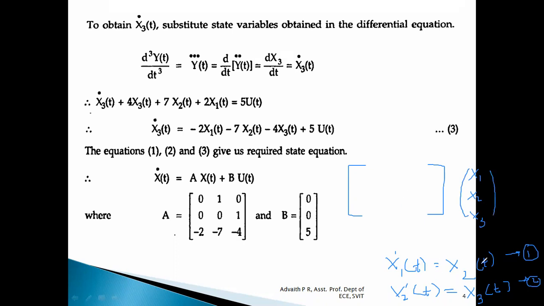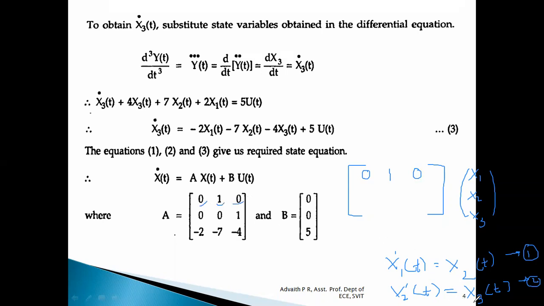In our equation number 1, we have the state variable x2 of t. Only x2 of t is there. Hence, only x2 of t will be 1. The other 2 terms, x1 of t and x3 of t, are not there, so they will be written as 0, 0. Hence we have got 0, 1, 0 over here.